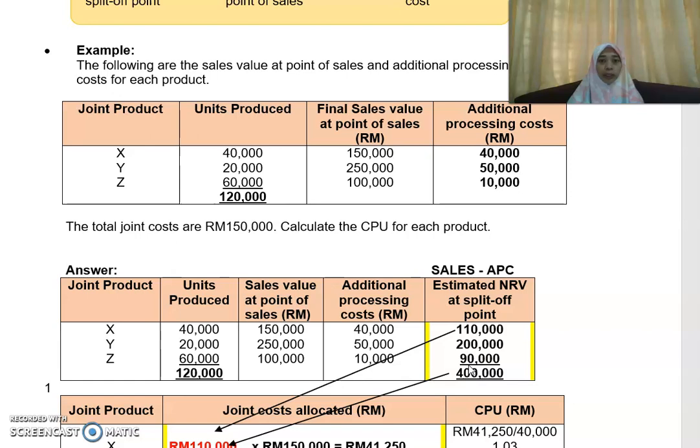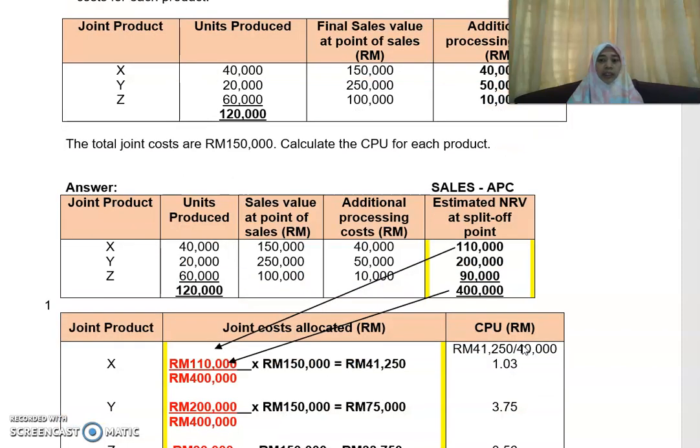So you want to split your 150,000 cost, that is your total joint cost. If you want to split this for your joint products, how much for X, how much for Y, and how much for Z, you are using the net realizable value method, the NRV method. You have already worked out how much is your NRV. Now you use the ratio of your NRV to apportion your total joint cost.